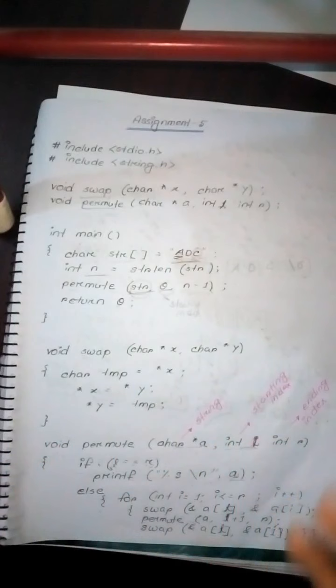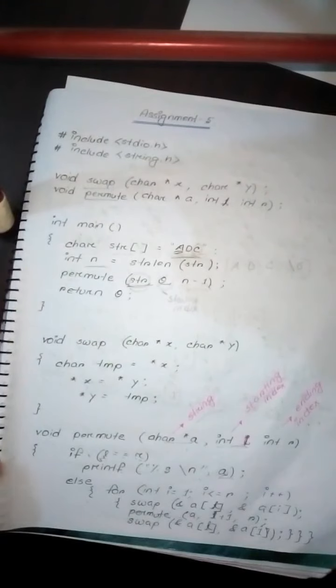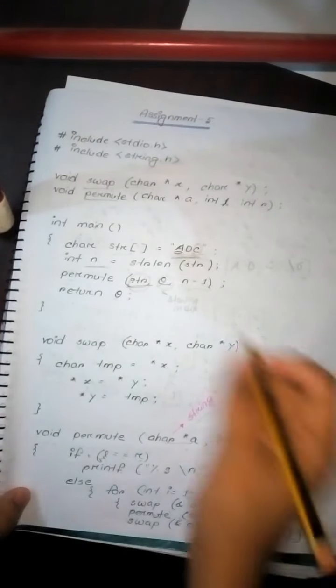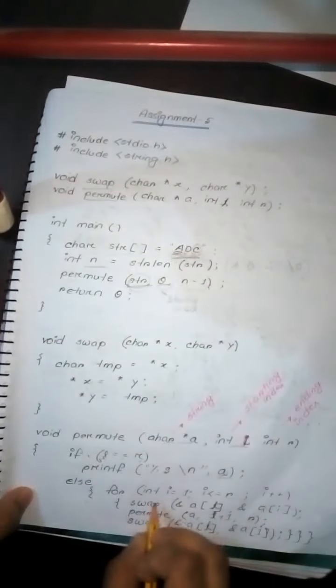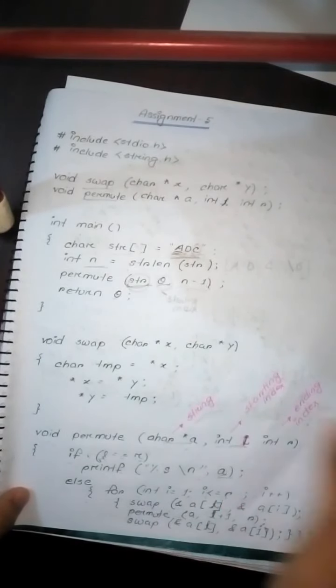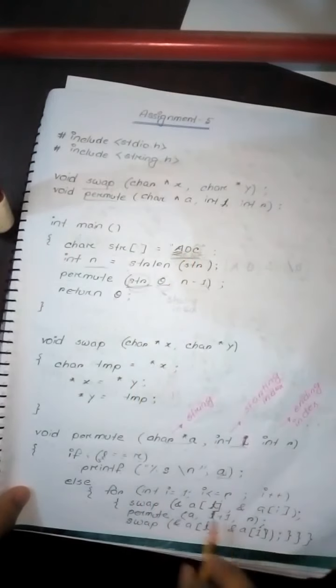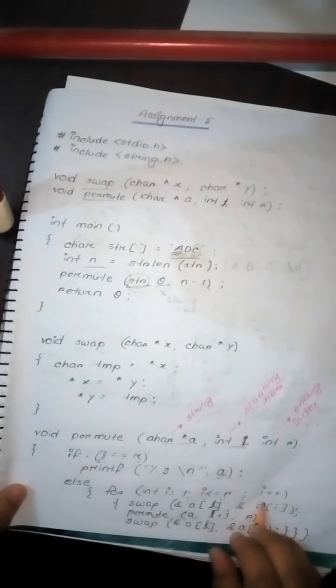And if not, else we are going to initiate a for loop and start the for loop iteration from i equals 1, that is from the first one, A. When i equals 1 and until i is less than or equal to R, that is the ending index, that is n-1, which is C, we are going to increment the value of i.